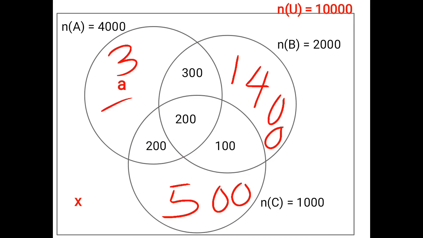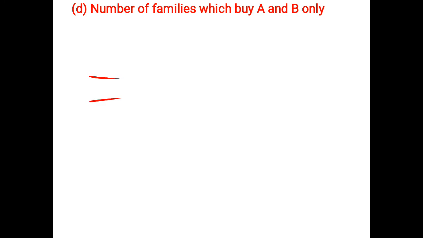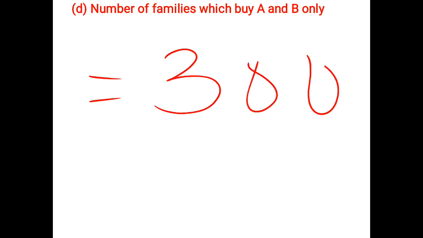So A and B only is going to be this side alone because of the only. That is 300. So we have 300 families buy newspapers A and B only.